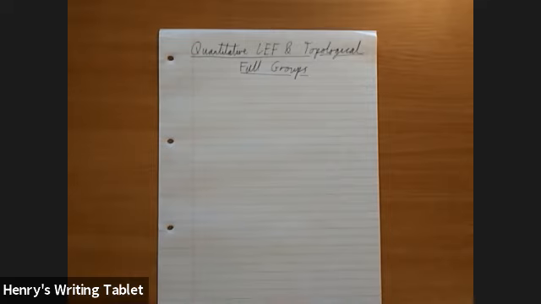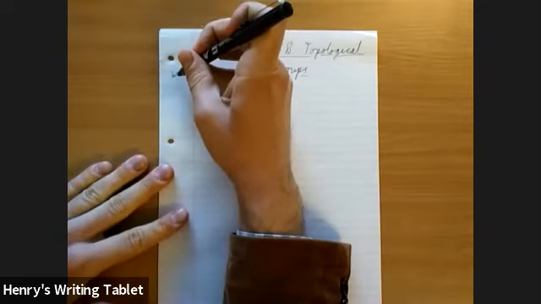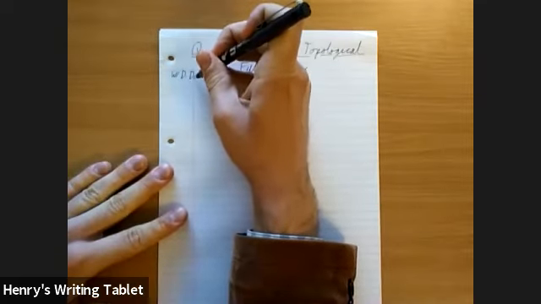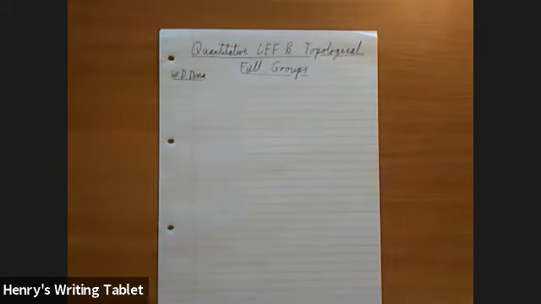Okay, so yes, I'm going to be talking about quantitative LEF and topological full groups, and everything I'm talking about today is joint work with Daniele Dona, who's a postdoc in Jerusalem and was formerly my colleague at the University of Göttingen.